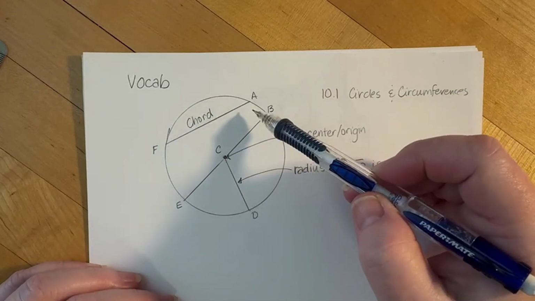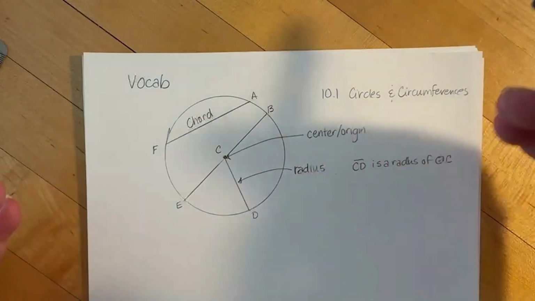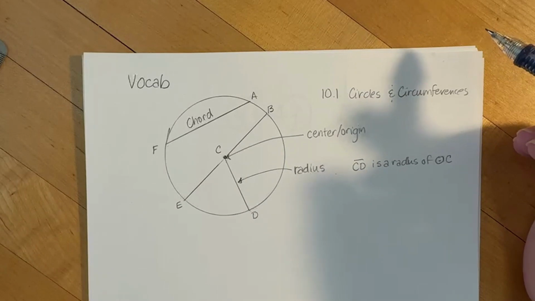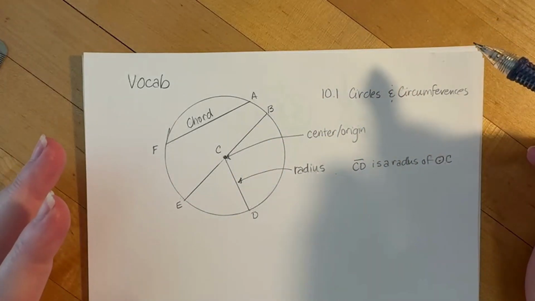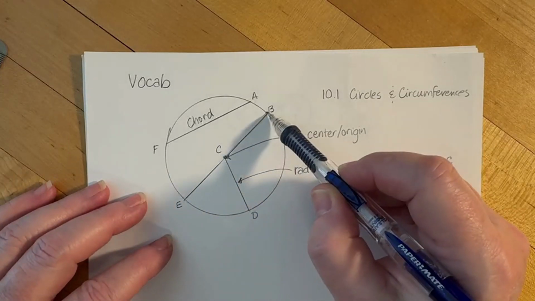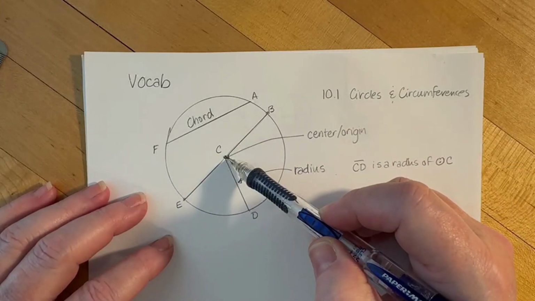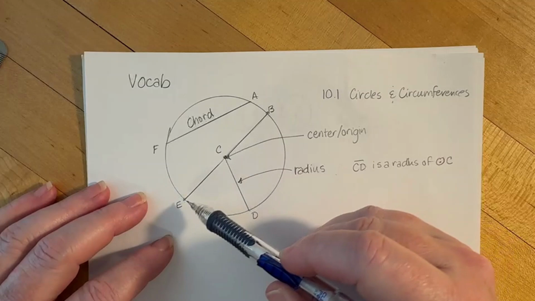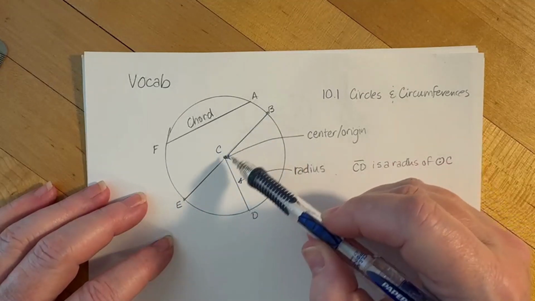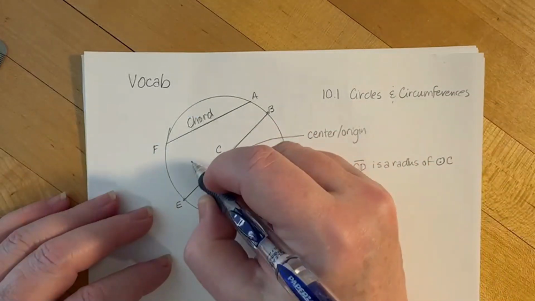So any line segment that intersects the circle at 2 points is called a chord. Now there's a very special chord, and that's this one, EB. Notice it is a chord because it has its endpoints on the circle, but it also goes through the center or the origin. And a chord that passes through the center or origin is called a diameter.